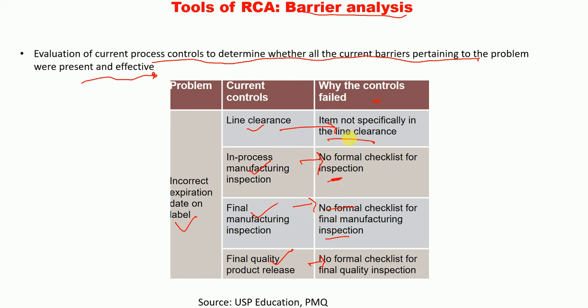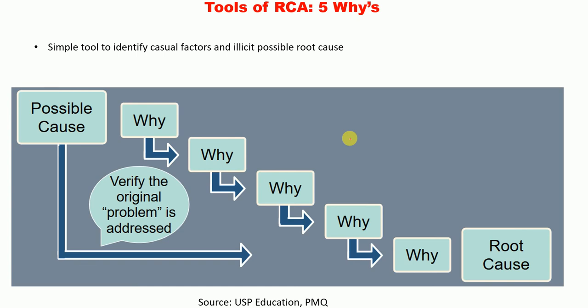So barrier analysis is also a really important tool for root cause analysis. Another tool of root cause analysis is the 5 Why. We have to ask why to identify the root cause. Verify the original problem.